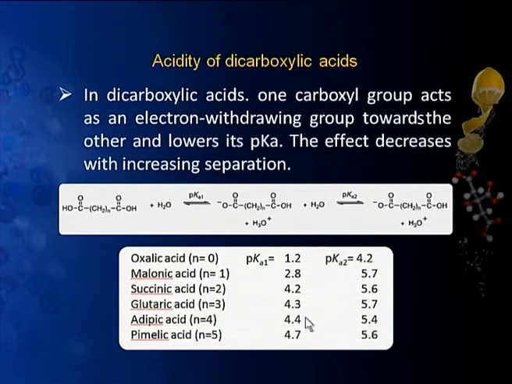It means in the beginning this carboxyl group is affecting the dissociation of another carboxyl group, because it acts as an electron withdrawing group towards the other carboxyl group and lowers its pKa, and this effect decreases with increasing separation. So, lower dicarboxylic acids are stronger acids for their first dissociation constant, and the second dissociation constant, as I told you, will obviously be higher than the corresponding first dissociation.